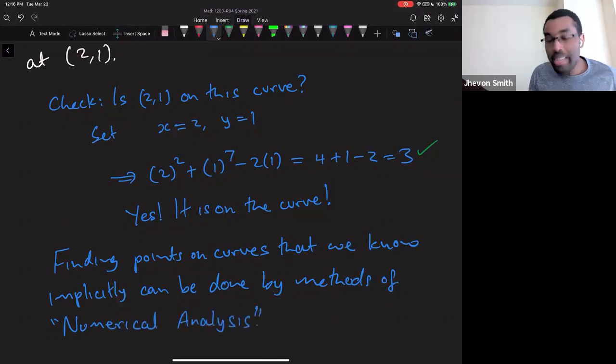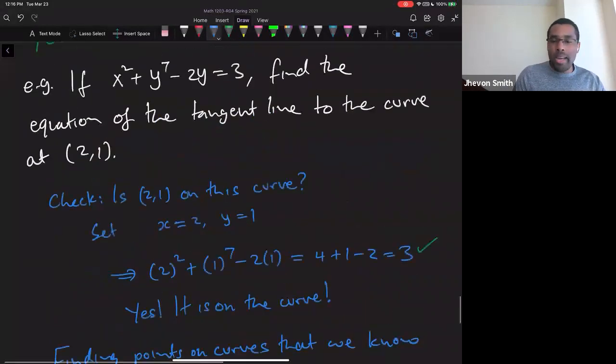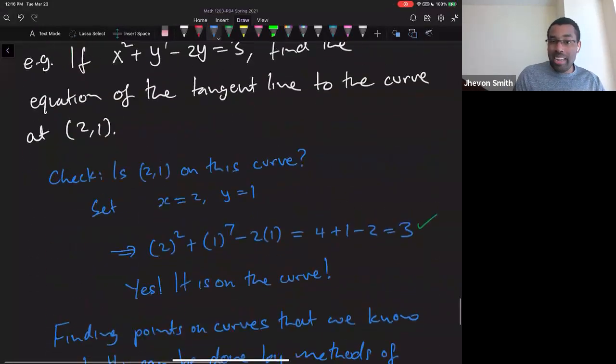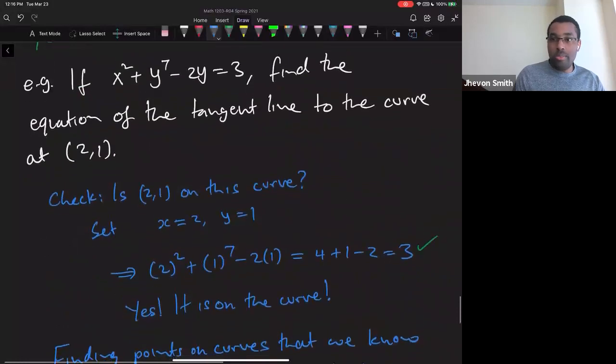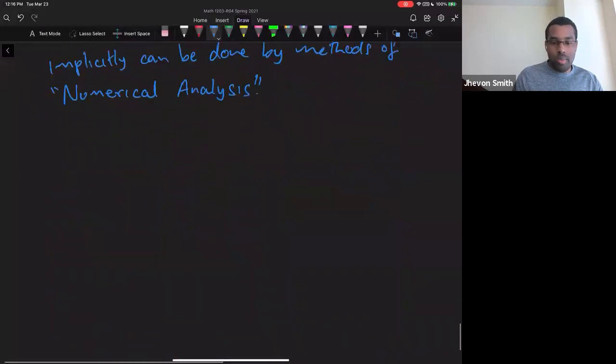But there's a class called numerical analysis that's about things like this, approximating answers to equations, approximating coordinates on curves, things of that sort. So while I can't give you a formula for y, point by point, I can tell you how y will behave. So I might not know what y is, but I can know a coordinate that's on the function that is described by this curve.